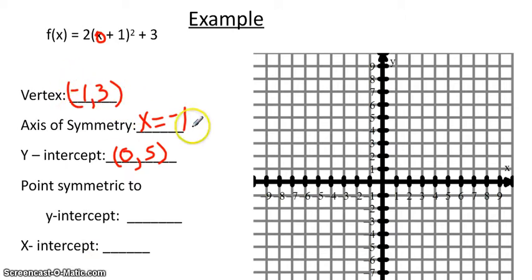So first I want to plot the vertex, (-1, 3). I want to draw the axis of symmetry, and remember that is a vertical line going through our vertex.